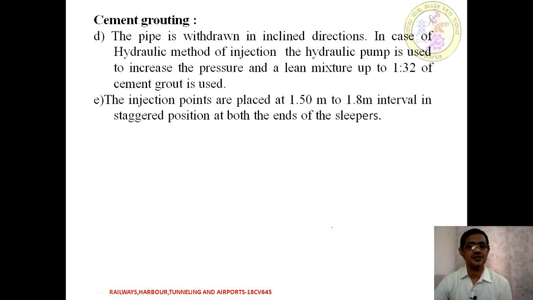In case of the hydraulic method of injection, the hydraulic pump is used to increase the pressure, where we are having a lean mix. We can increase this slurry to 1:32 of the cement grout we have been using. The injection points are placed at 1.5 meter to 1.8 meter intervals in a staggered position at both ends of the sleeper.